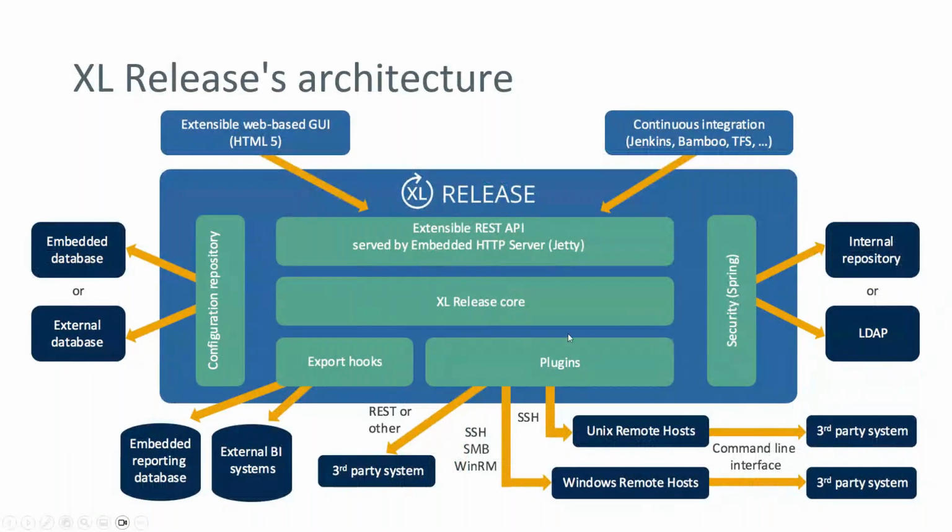I tried to get the hosted one, but they are not giving a hosted trial, so we'll continue with the containers only. Excel release has a core and some website, and they're using Jetty as an embedded HTTP server, supported by REST APIs and many more things like SSH, REST, and command line. So this is the one.